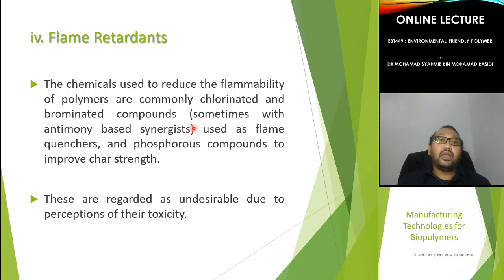Flame retardants. The chemicals used to reduce the flammability of polymers are commonly chlorinated and brominated compounds, sometimes with antimony-based synergists used as flame quenchers, and phosphorus compounds to improve char strength. Conventionally, chlorinated and brominated compounds are used as flame retardants. These are regarded as undesirable due to the perception of their toxicity.